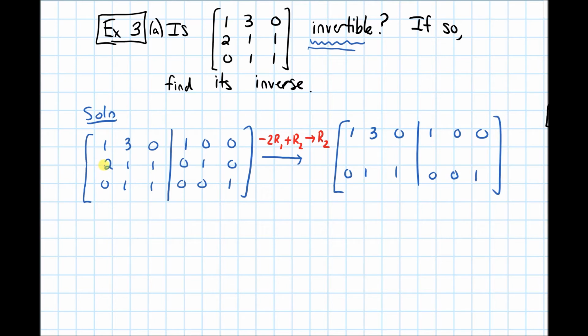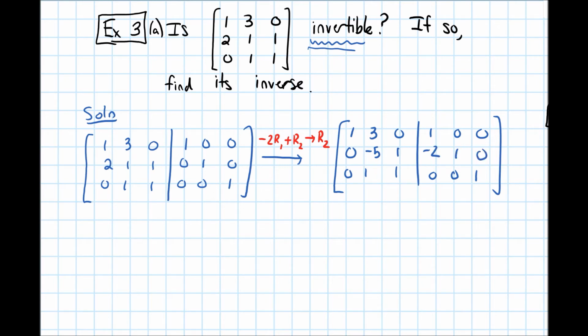But the second row is going to change. We're going to get a 0 here, and then -2 times 3 is -6, added to 1 is -5. And then -2 times 0, added to 1 is 1. On the right-hand side, I'll get -2 times 1 is -2, added to the 0 is -2, and then I'll have a 1, and then I'll have a 0.